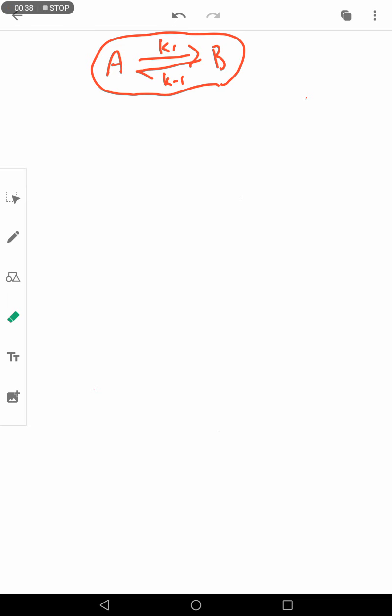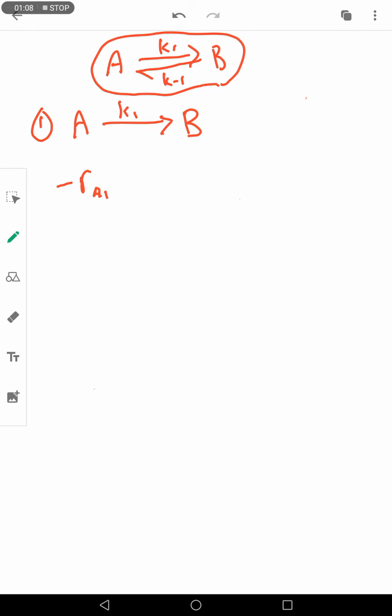So saya akan pecahkan kepada dua reaction, which is forward and reverse. The first step is the forward reaction, in which A producing B with rate constant of K1. So the rate law untuk forward reaction, we can make it as, let's say, RA1.